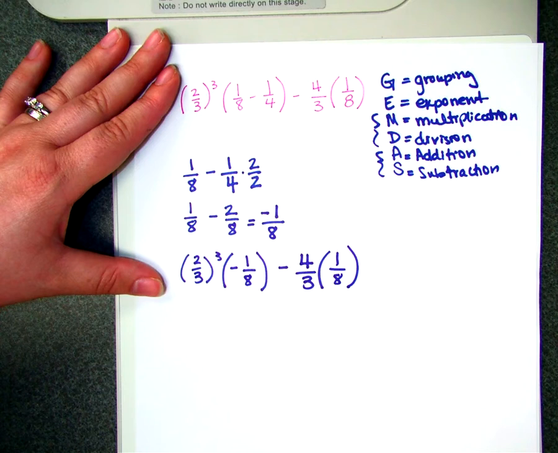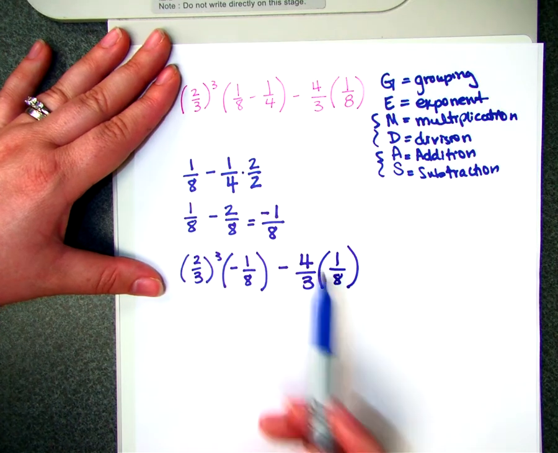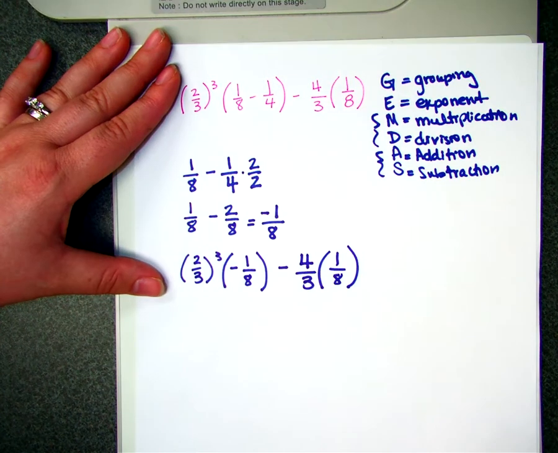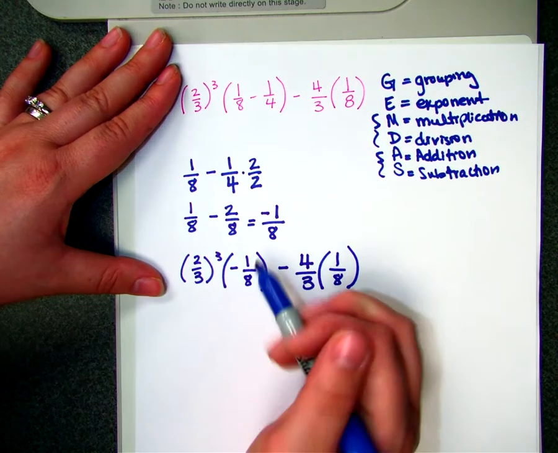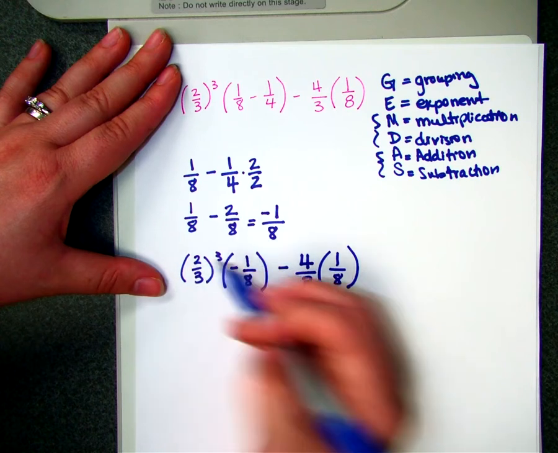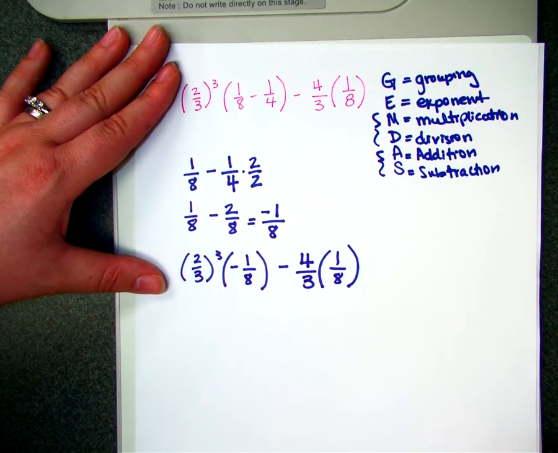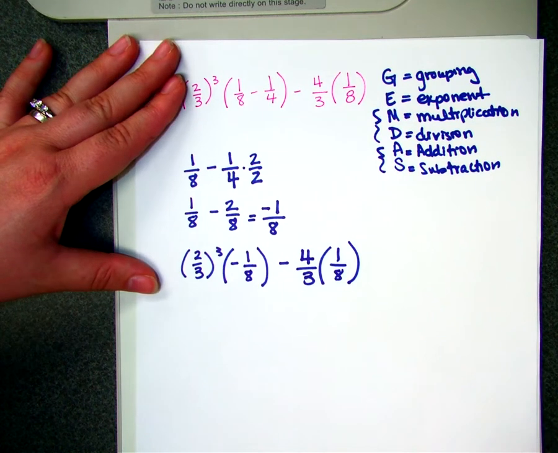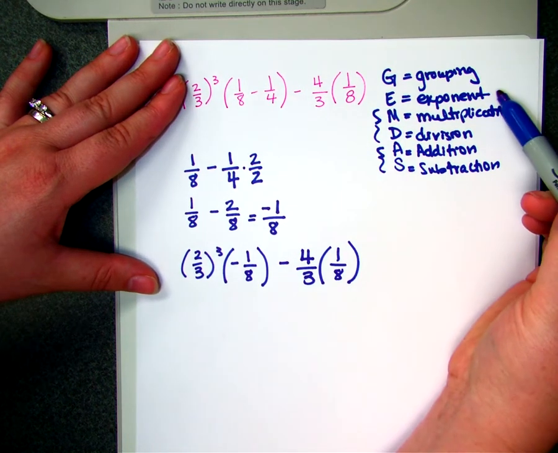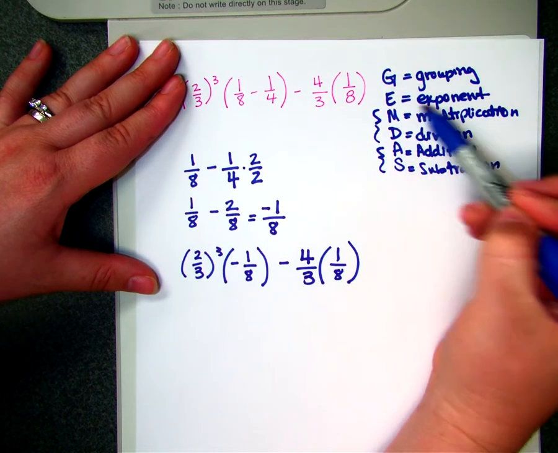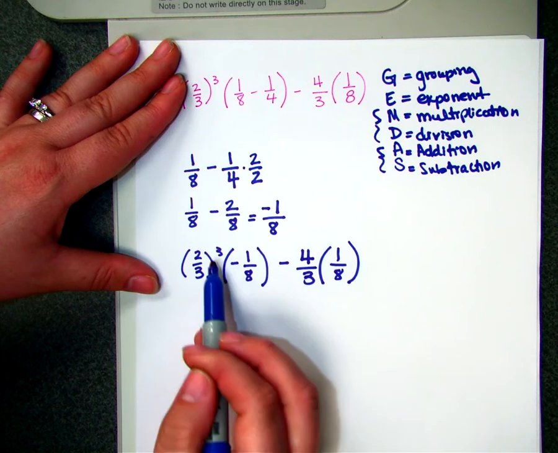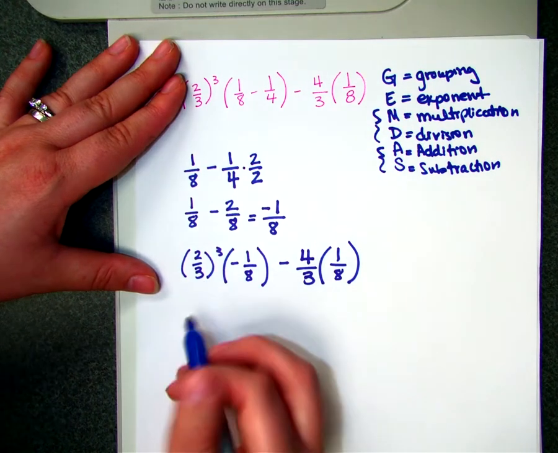Again, I still have grouping symbols, but these grouping symbols right now just represent that I'm multiplying two numbers together. So since there's no actual addition or subtraction or multiplication or anything to be done within the grouping symbols, they just get left alone. The next operation that I look for is exponents. So I do in fact have an exponent here.